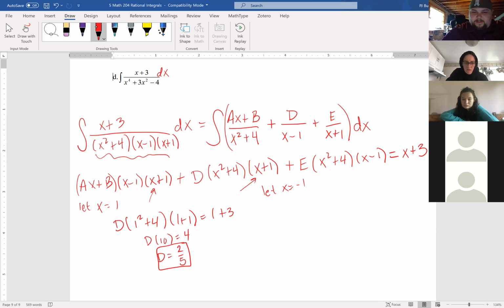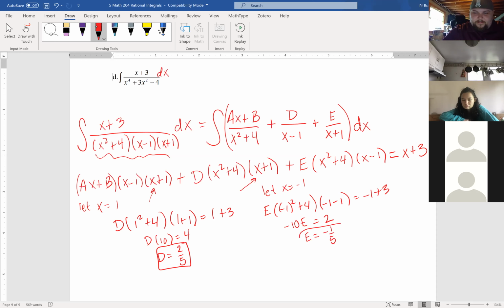Then we have e times -1 squared plus 4, -1 minus 1, equals -1 plus 3. So this is going to be 5 times -2, and over here it's going to be 2. So it looks like e is minus 1/5. All right, great, not so bad.